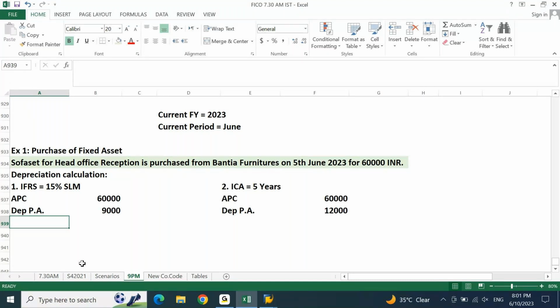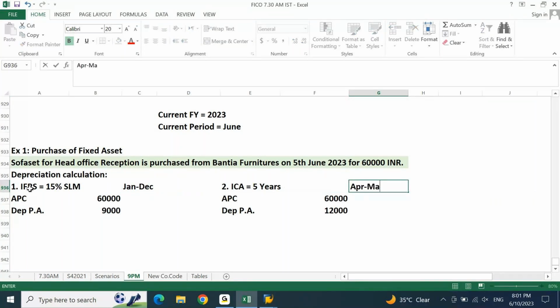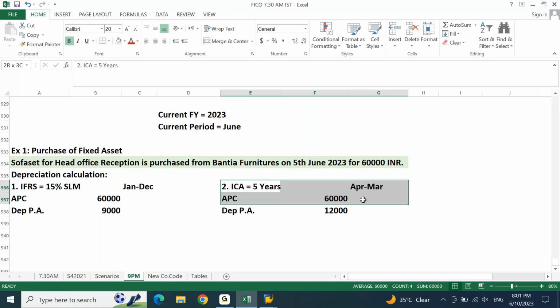So, according to IFRS, you are starting from January to December, and according to this you are starting from April to March, and we are purchasing the asset in the month of June, which means according to Indian Companies Act, did we use the asset for full year or no?